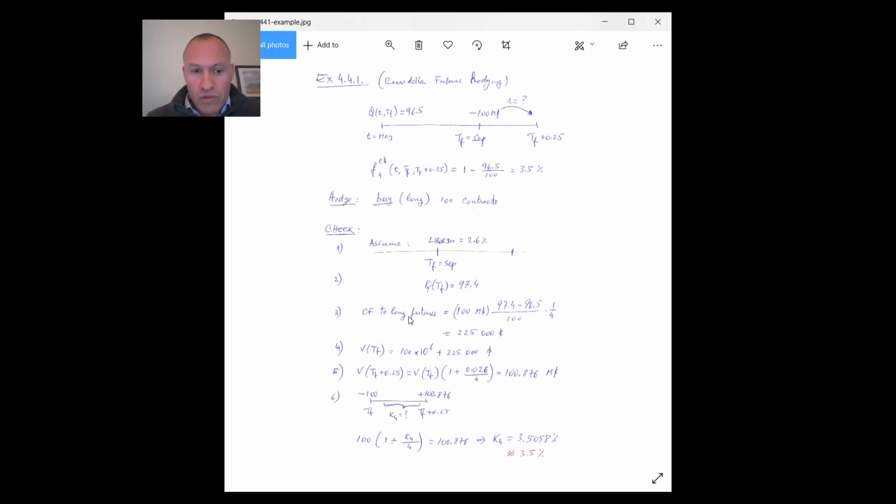What is the cash flow to the long futures? The notional, the $100 million that we want to invest, times the difference between the final bond price and the initial bond price, which is up there, 96.5, okay? Divided by four, as we saw before. So doing this calculation, we get a cash flow to the long futures of $225,000.